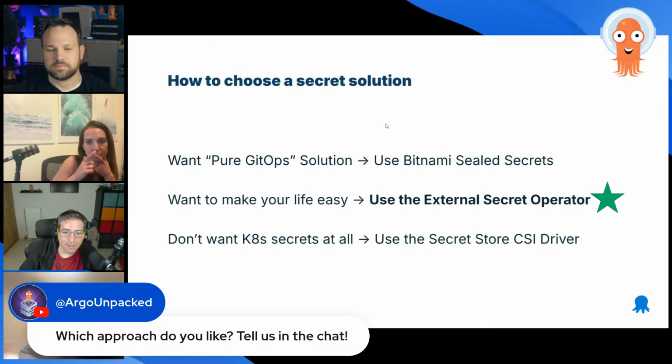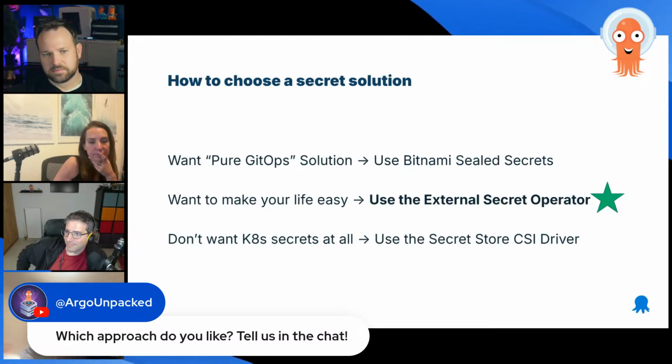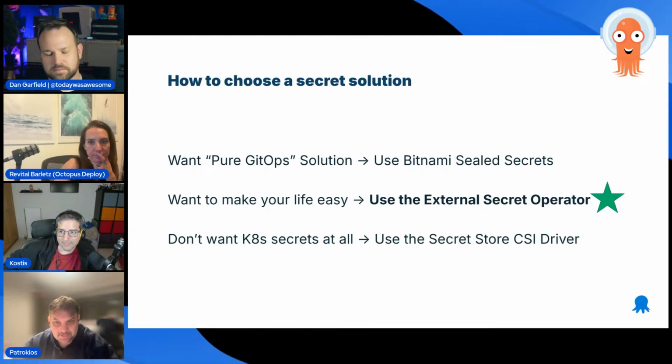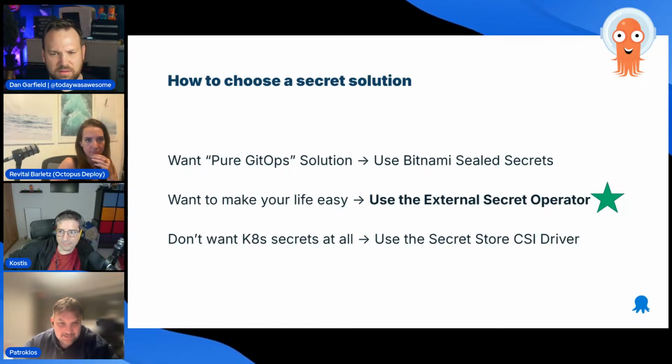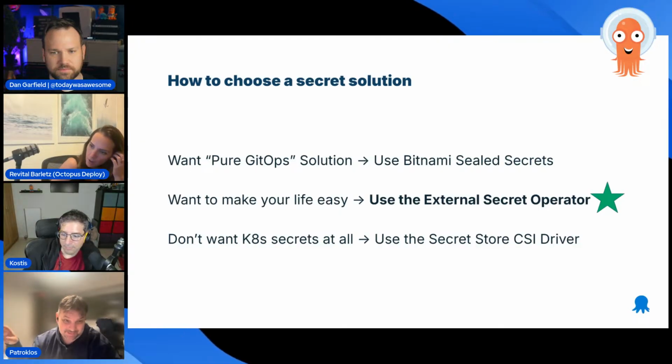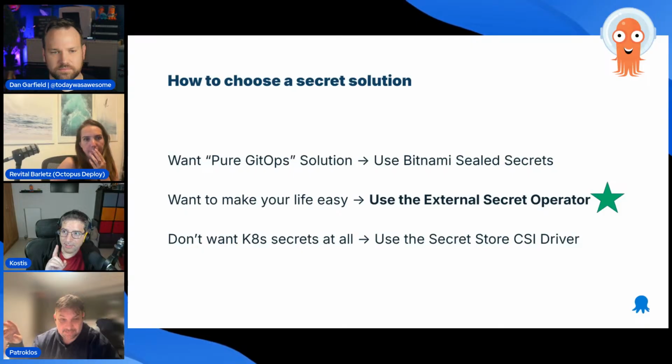But Kosti, just a naive question maybe, but if I get it right, what ESO does in the end is get the secrets with an external tool, and then it mounts them to a pod, right? As plain text, if I'm not wrong. No, it converts.